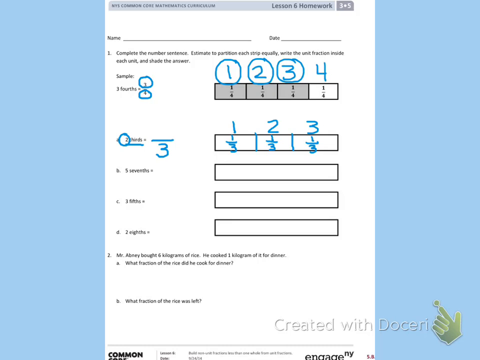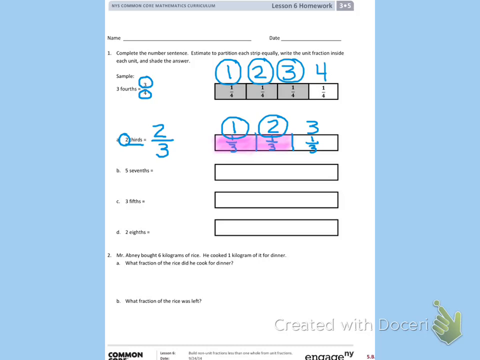So I will shade in 2 of the equal parts. That's 1/3. And here's 2/3. I have shaded 1, 2 equal parts, or 2/3 of the rectangular strip.